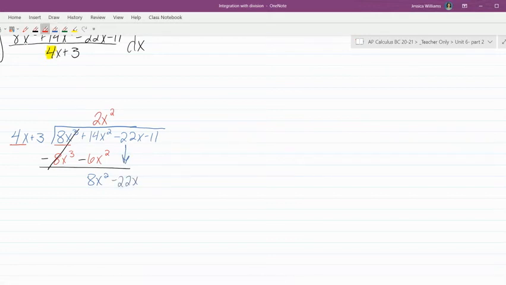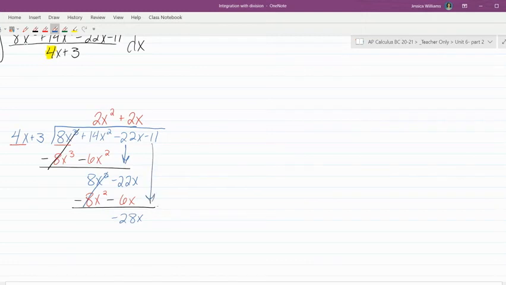Rinse and repeat. How many times does 4x go into 8x squared? That would be a 2x number of times. Multiply it out, and I get 8x squared and 6x. Change the signs and add. These are gone like they have to be. This is going to be a negative 28x.